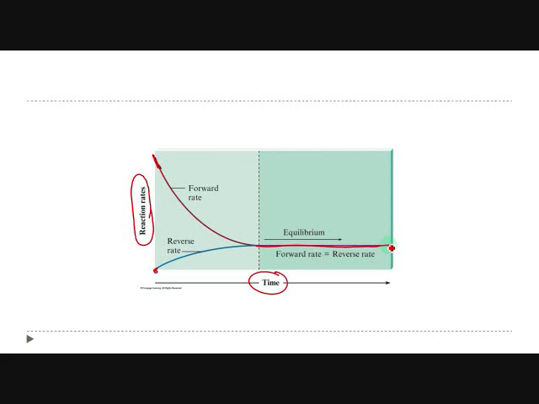So rates are equal at equilibrium, not the concentrations, not the amounts. And so then, even though it looks to us like there's no longer any change, if the rates are equal to each other, there is actual change. It's just the processes are happening at the same time. Okay?